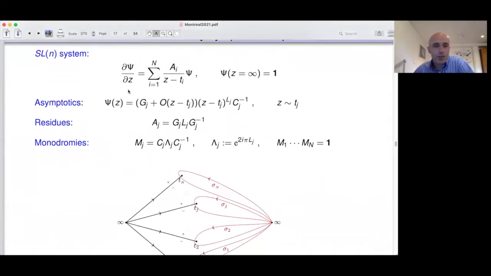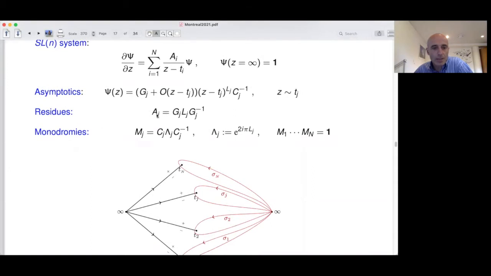So the tau function appears in this context. You take the matrix linear system, a Fuchsian system, where the singularities are simple. You assume that the system is non-resonant, which means that the asymptotics of psi near the t_j's doesn't contain any logarithms and looks like that. Then, you see this is the singular term, those C's are the same C's, essentially eigenvectors of monodromies around these points.